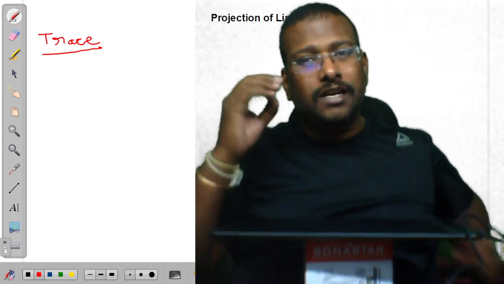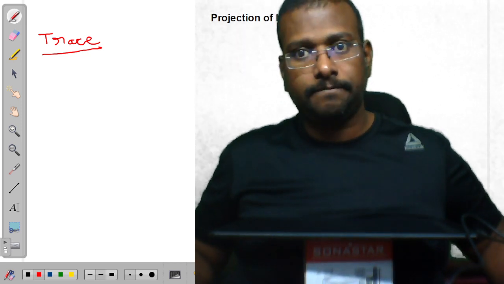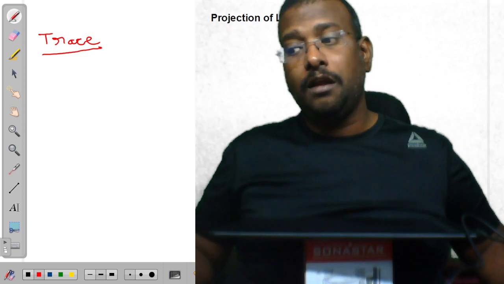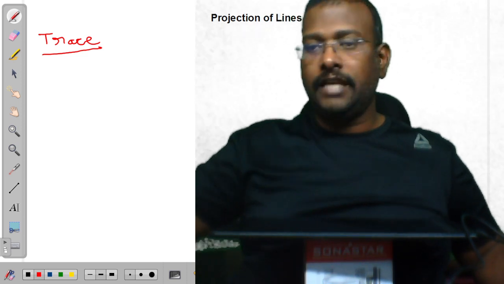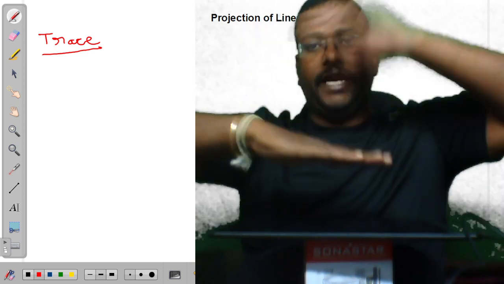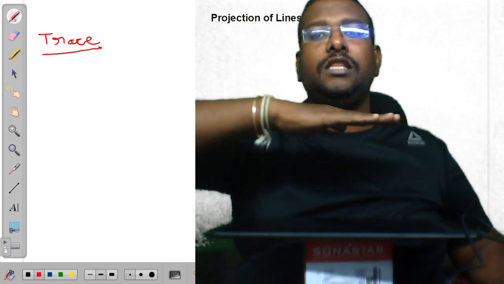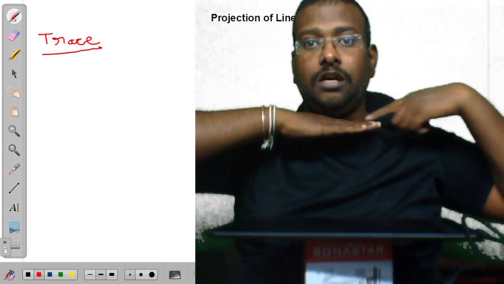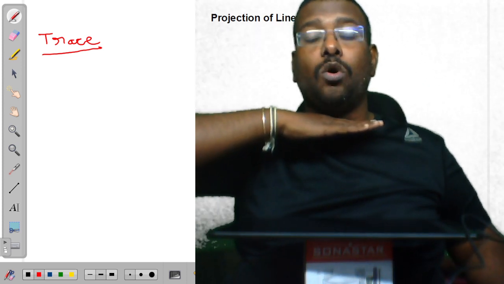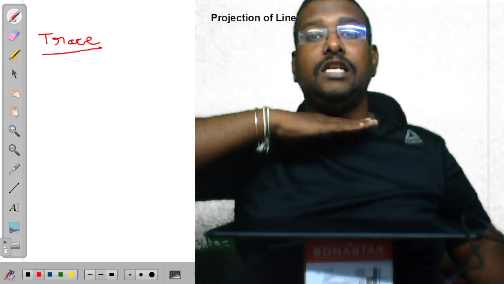Sir, is the trace only for lines? No, my dear friends. It is there for planes also. For example, assume this is some plane. If you extend this plane, it touches the vertical plane, so it is having a vertical trace.